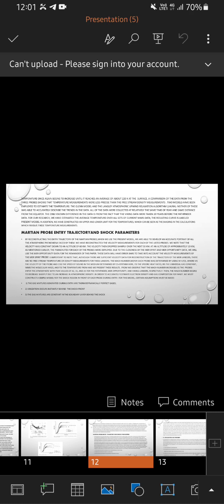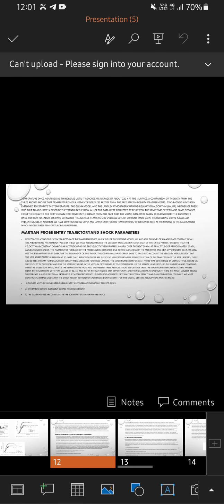For our research, we have estimated the average temperature over all sets of current mass data. The resulting curve is labeled present model. In addition, we have constructed an upper and lower limit for the temperatures, which can be seen as the shading in the calculations which involve these temperature measurements.